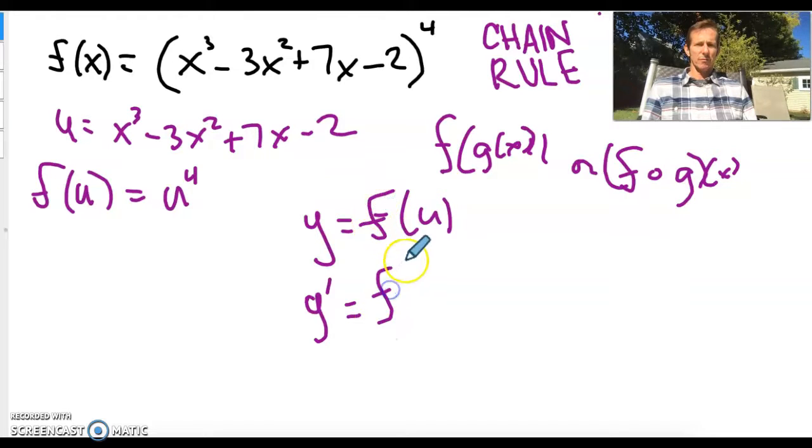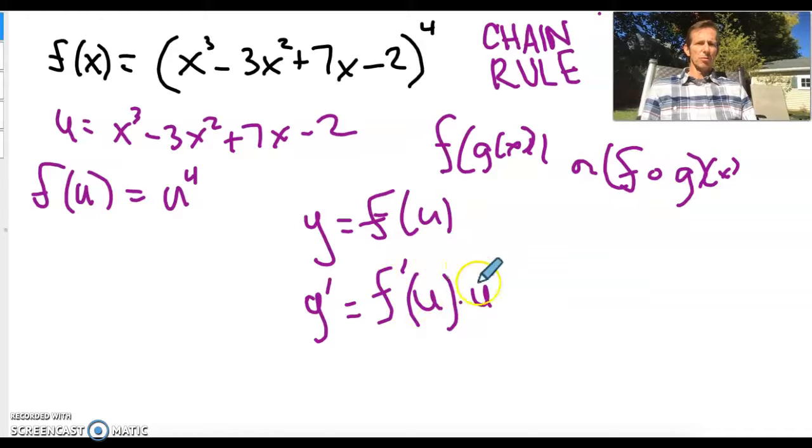Whatever rule applies to the outside function, I apply that rule, and I leave the inside all by itself. So whatever's on the inside just sits inside of the derivative rule for that outer function. Then I have to multiply that by the derivative of whatever the function is on the inside. So I have two derivatives happening.